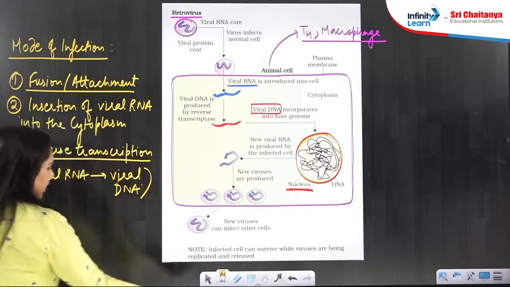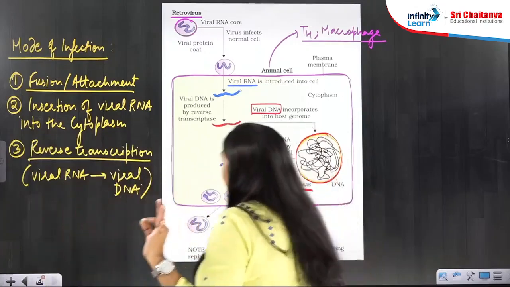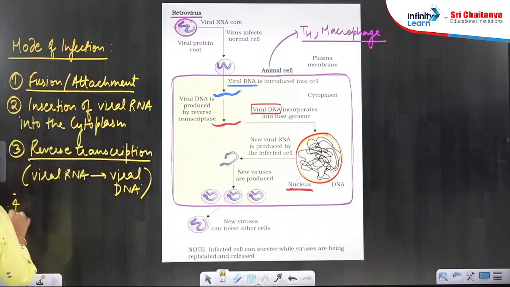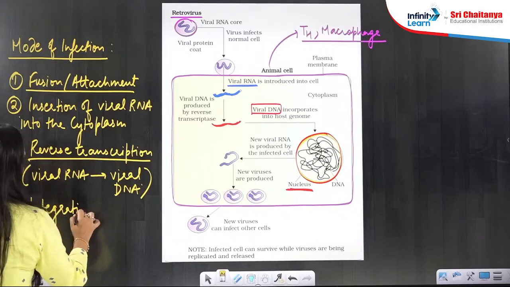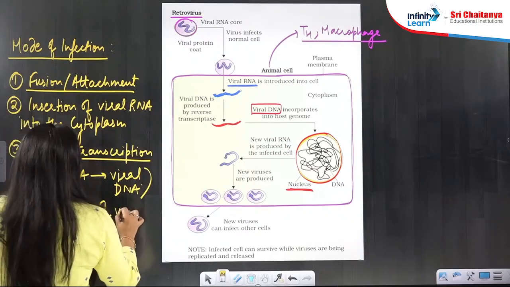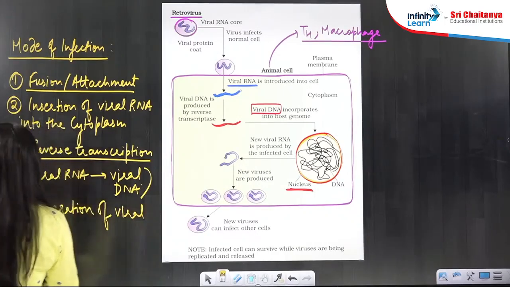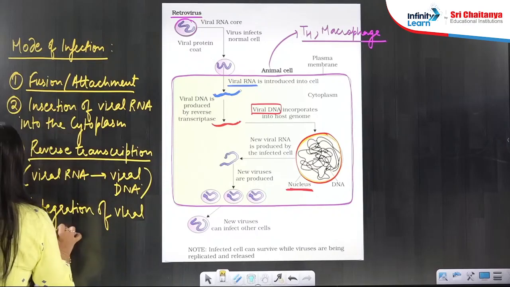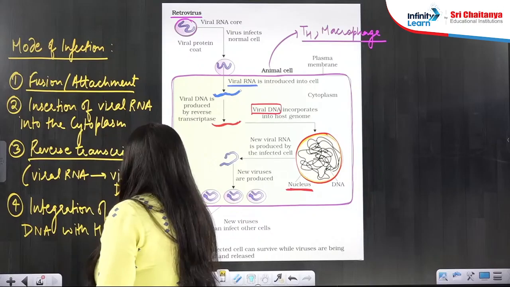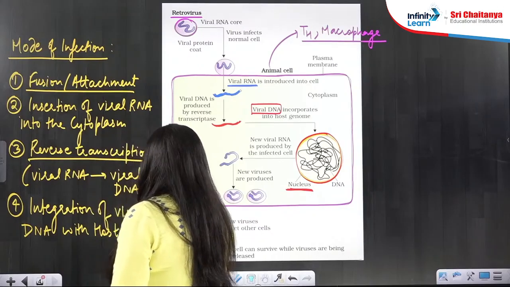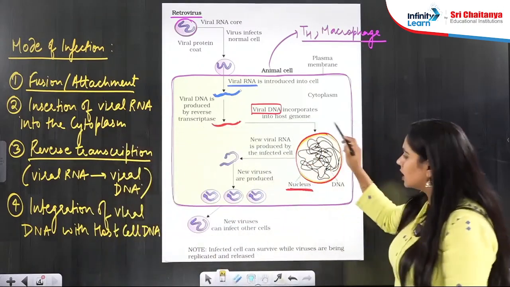So the fourth step will be integration of viral DNA with host cell DNA. You can see host cell DNA is present in the nucleus.